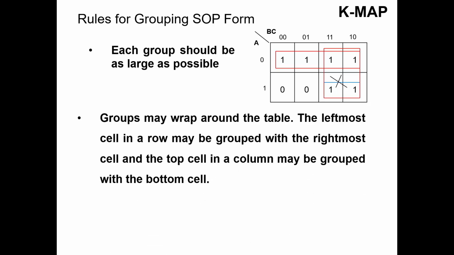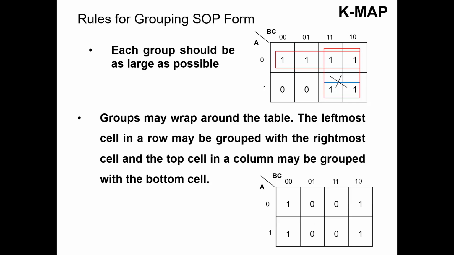Groups may wrap around the table. The leftmost cell in the row may be grouped with the rightmost cell, and the top cell in the column may be grouped with the bottom cell. Here we have a K-map. Now this and this one can be grouped. Why? Because there is a difference of one variable only.